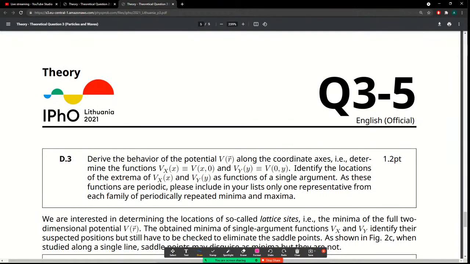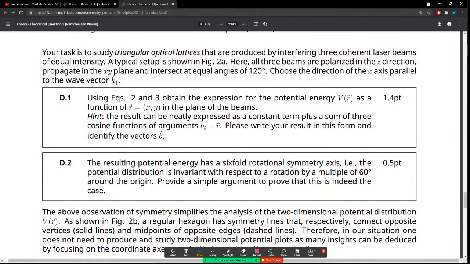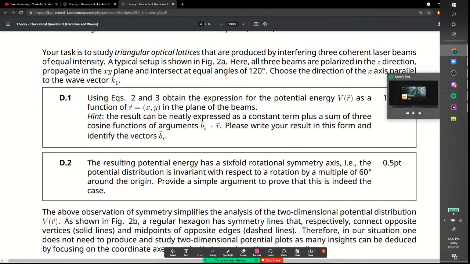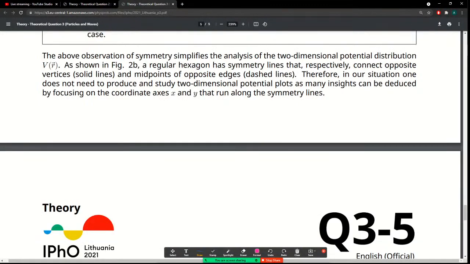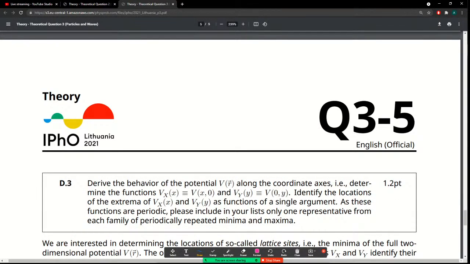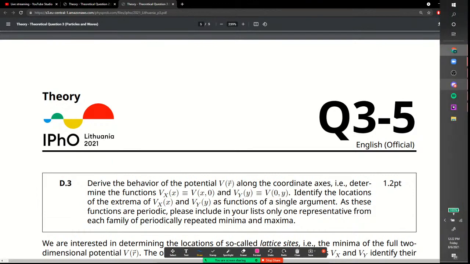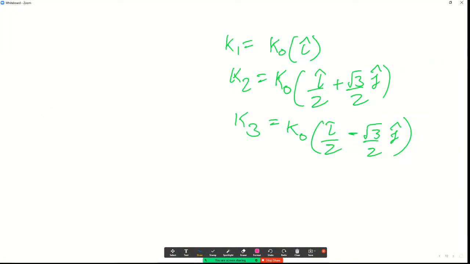Okay, so then we use the formula from D1 that we got, and then we have to find the minimum from that with the new k vectors defined.